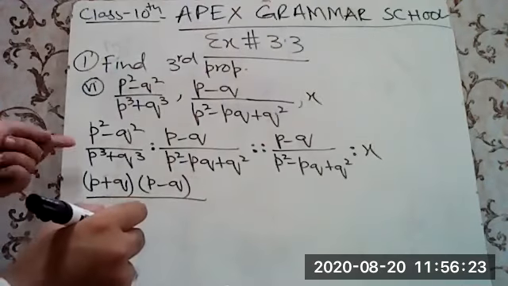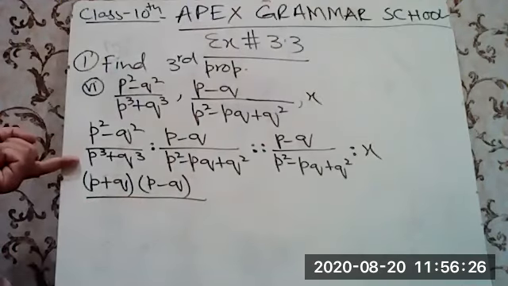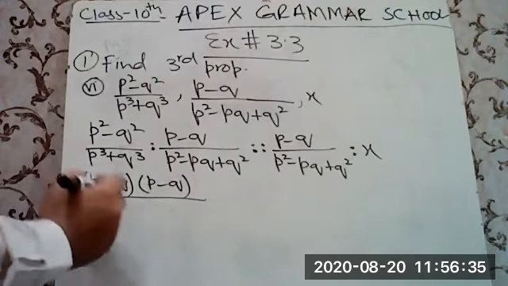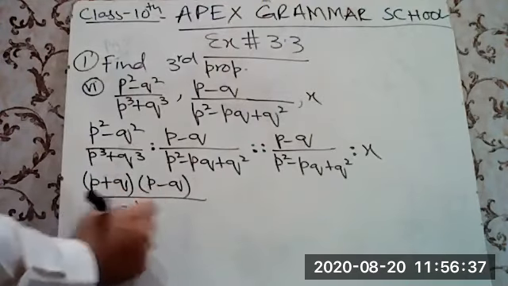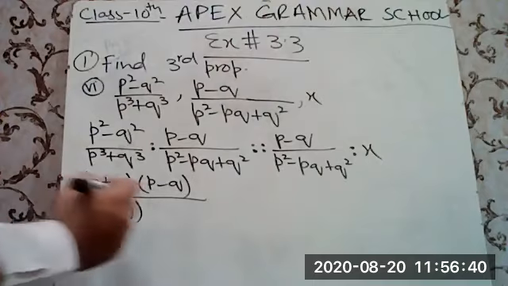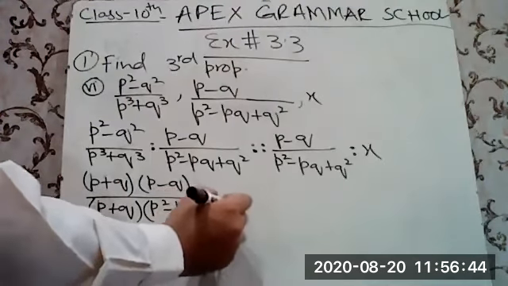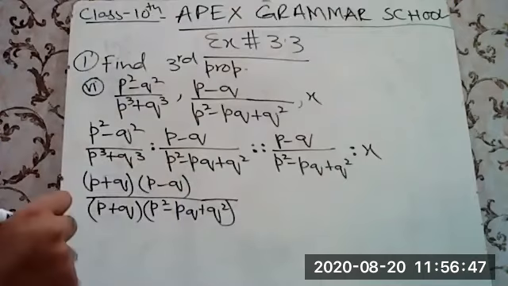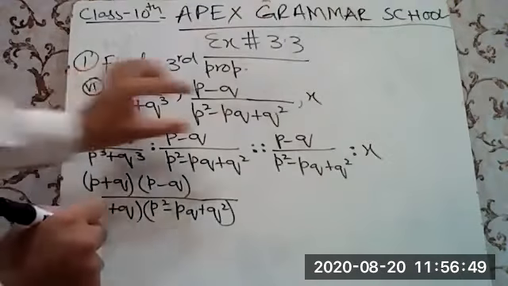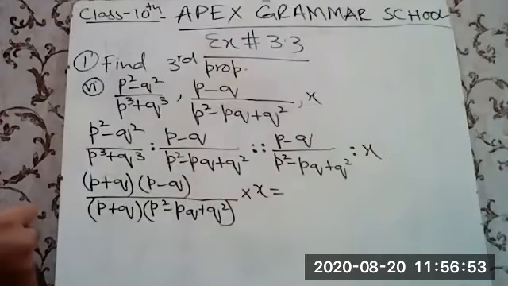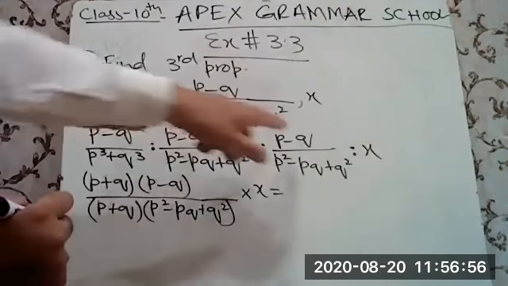This is of the type of formula a cube plus b cube. a cube plus b cube is equal to (a plus b) into (a square minus ab plus b square). After replacing them with p and q, you can write it as (p plus q) into (p square minus pq plus q square). This is going to multiply with x, and after that both things are going to repeat here.